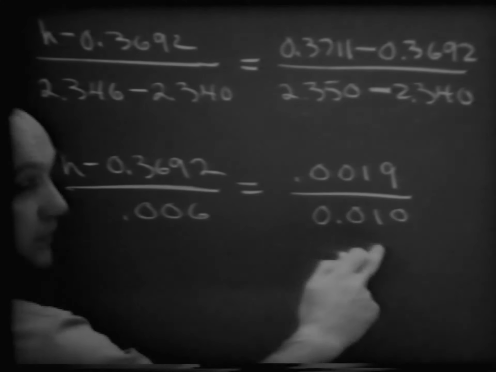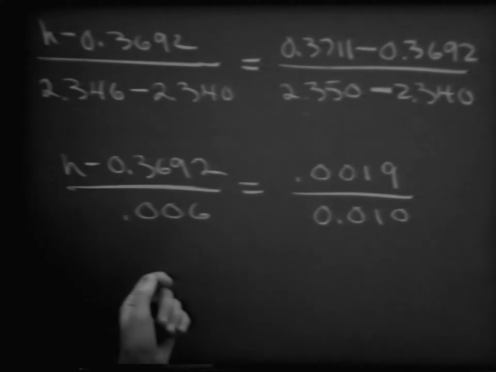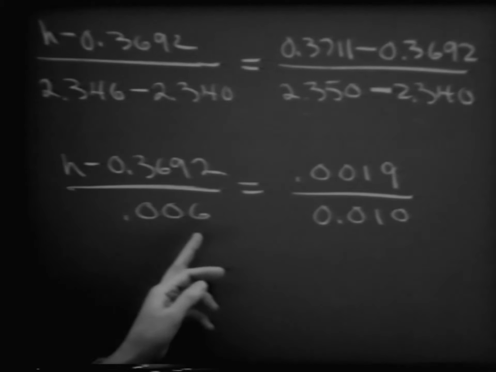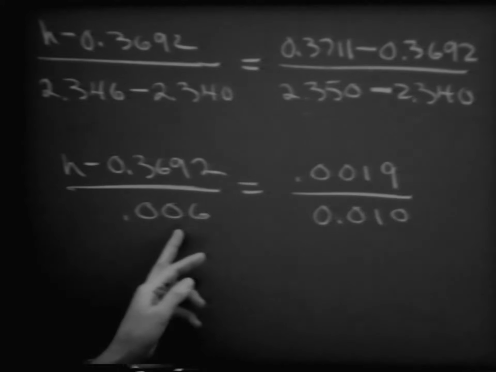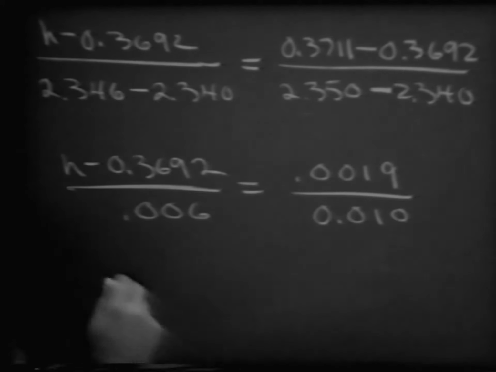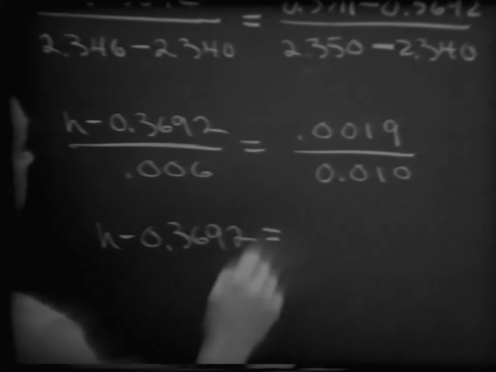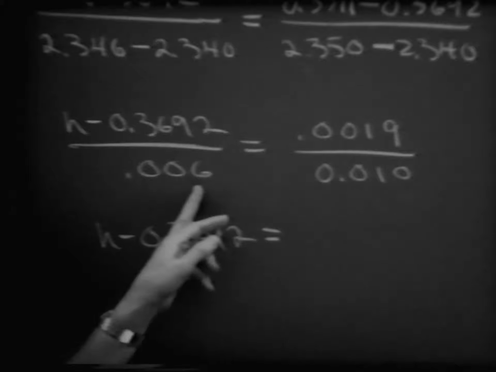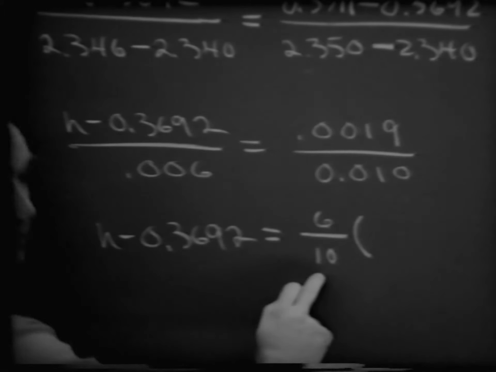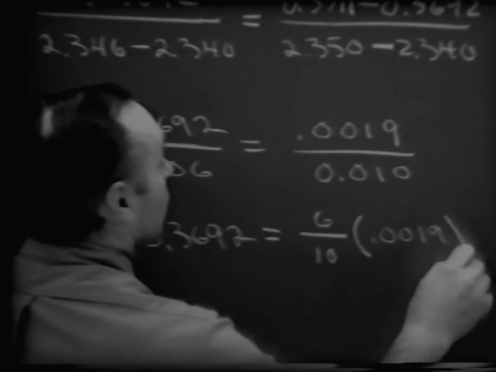Now let's look then at this sentence. Let's decide to multiply both sides through by 1,000. All right. And if we were to do so, the denominator here would be simply the number 6, and here the denominator would simply be the number 10. Now let's keep that in mind as we then also multiply both sides by the number 6, all right, so that I may write this as 6/10 right here, and we have 0.0019.